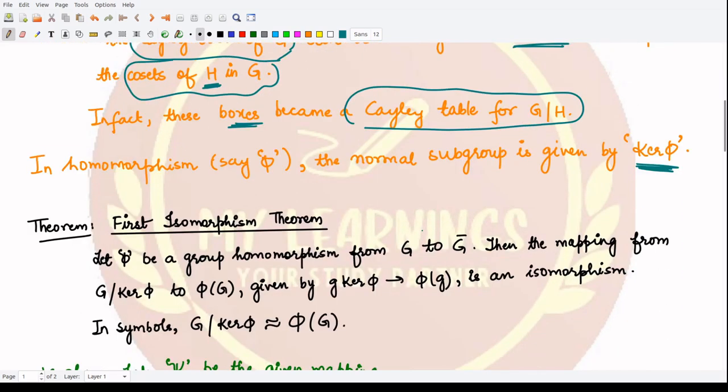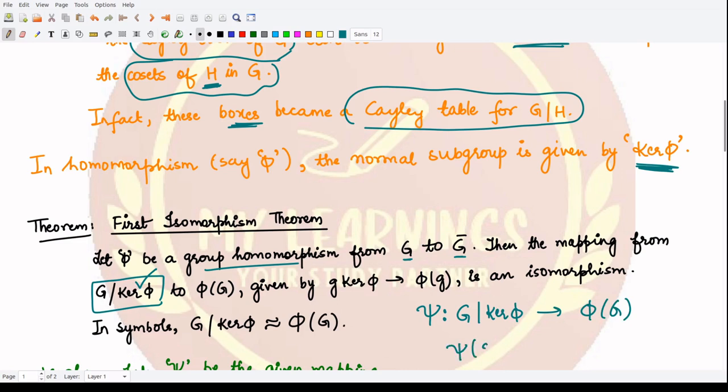So once we see the relationship between cosets, factor groups and homomorphisms, we can state the following. If phi is a group homomorphism from a group G to G bar, then we have another mapping, let's call it psi, which takes the factor group generated by the normal subgroup kernel phi of G, and you already know kernel phi is a normal subgroup of G, as we proved in the previous properties, to phi of G. The mapping is defined as psi of G kernel phi equals phi of G. So a coset constructed from the normal subgroup kernel phi maps to phi of G, which is the homomorphic image of G under phi.